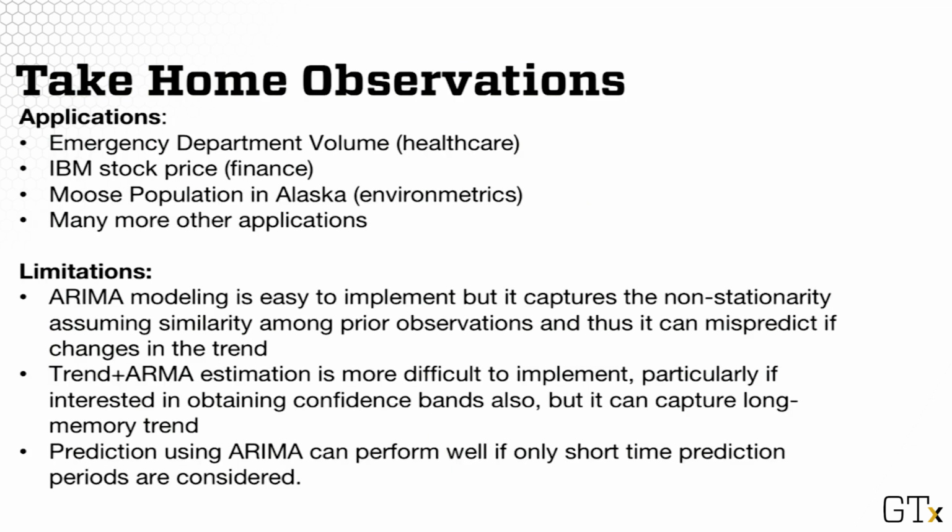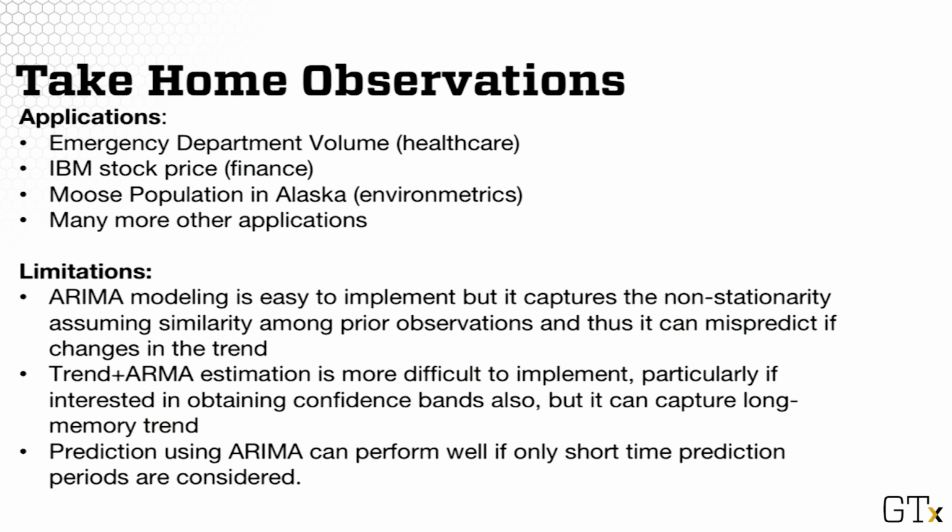So far, I illustrated the applicability of ARMA with 3 examples. The first example was for modeling and prediction of the volume of patients in an emergency department, an application in healthcare of great relevance for hospitals. A second application was the forecasting of the stock price of IBM, a common prediction exercise for many financial investment companies.